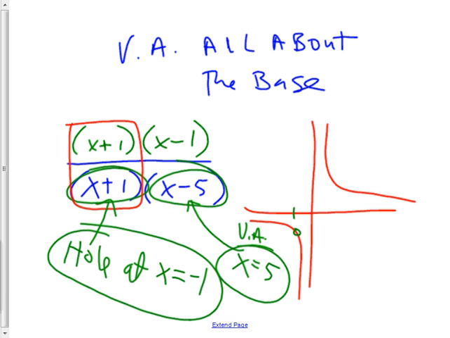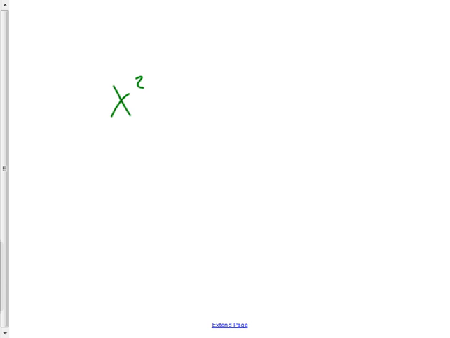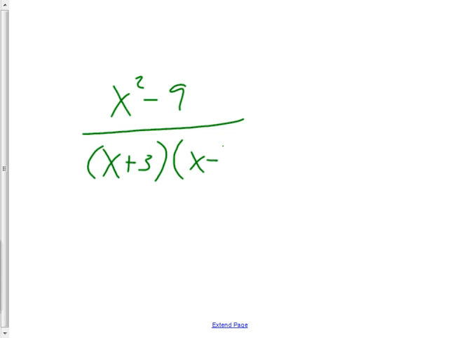All right, so let's say you had this. I'd like you to tell me, what are the vertical asymptotes? What are the holes? And just a reminder of the topic we talked about at the beginning, horizontal asymptotes.